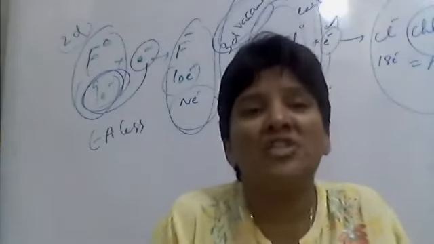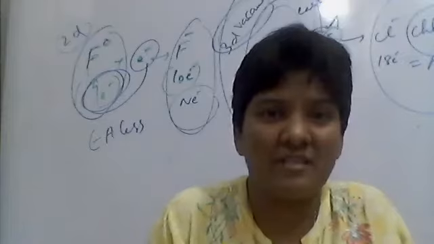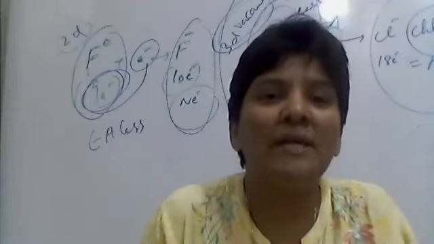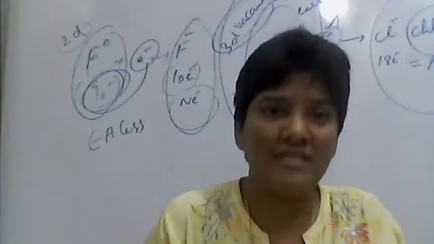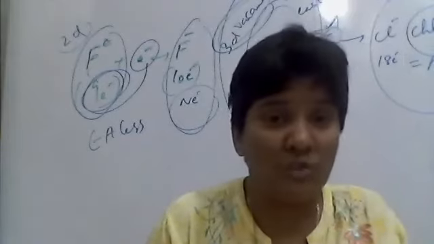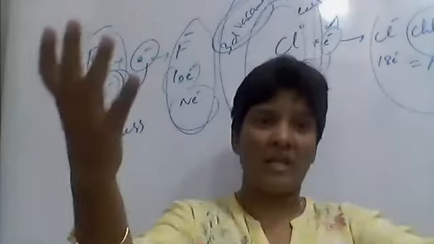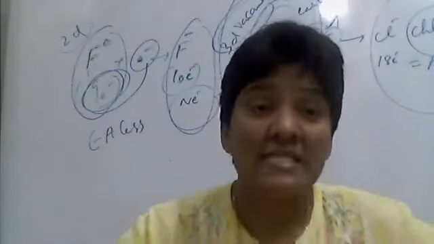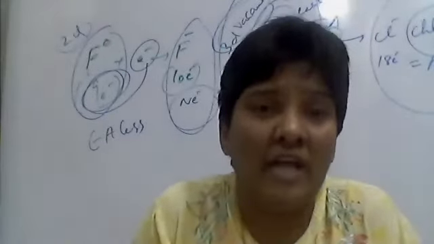And all the transition elements act as catalysts in reactions. What is a catalyst? Which speeds up the reaction. But some catalysts may slow down the reaction also. Some catalysts make the reaction fast, they're called positive catalysts. Some slow down the reaction, negative catalysts.